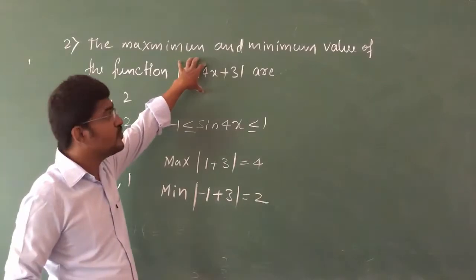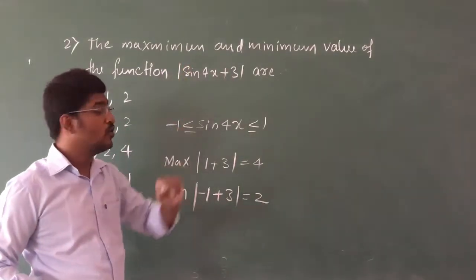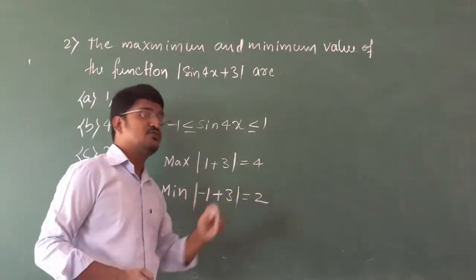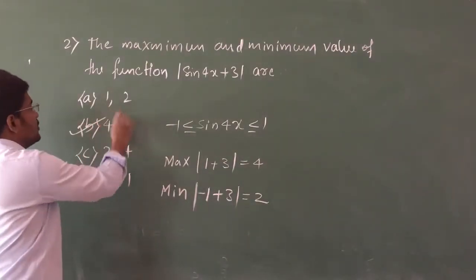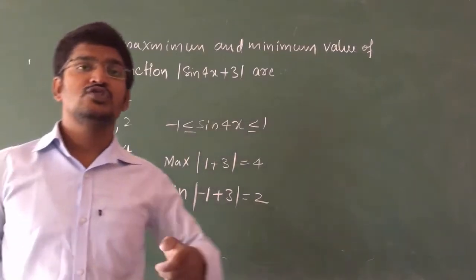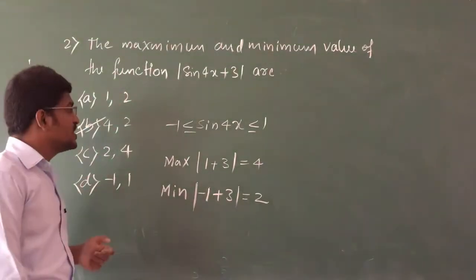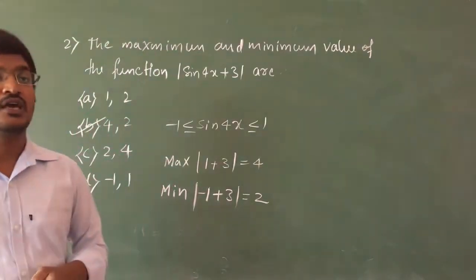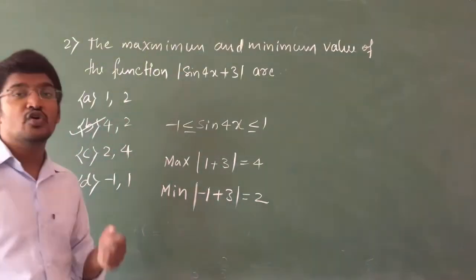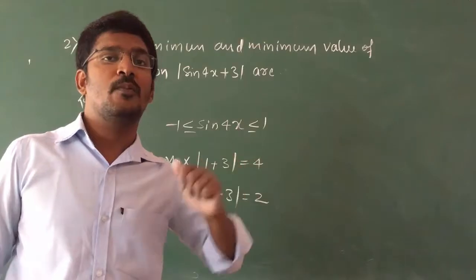You have only one function here. This is constant, no problem. So 1 plus 3 is 4, maximum. 4 is maximum, 2 is minimum. So option B is the correct answer for this. Clear? I think you have no confusions in this problem.